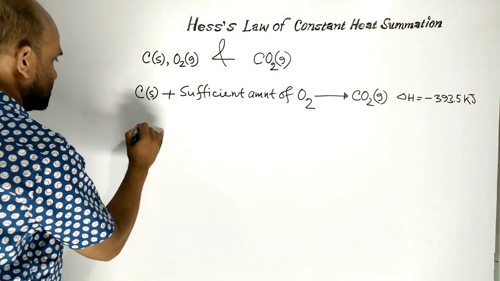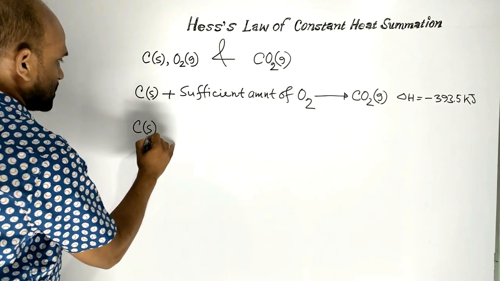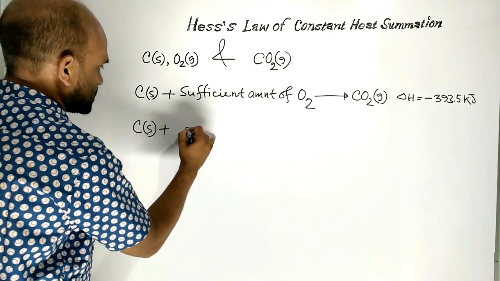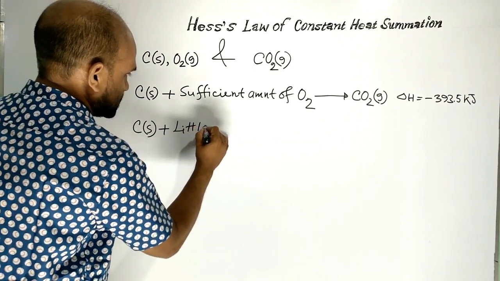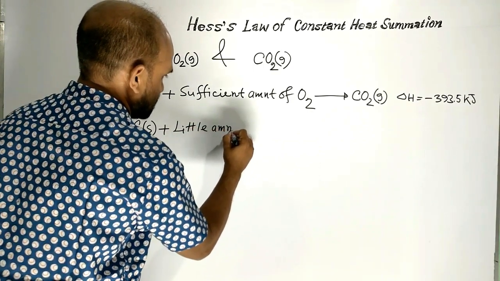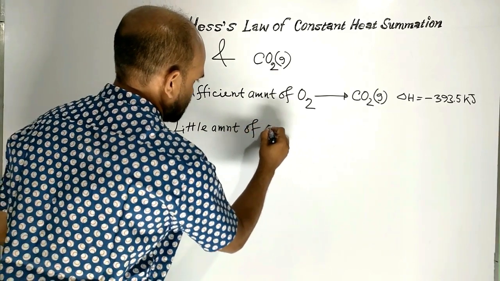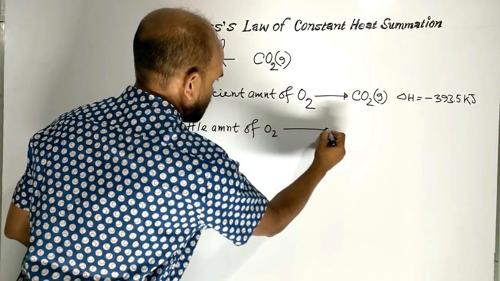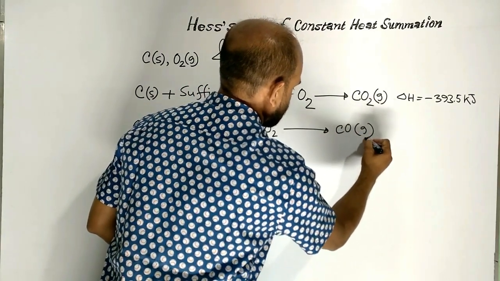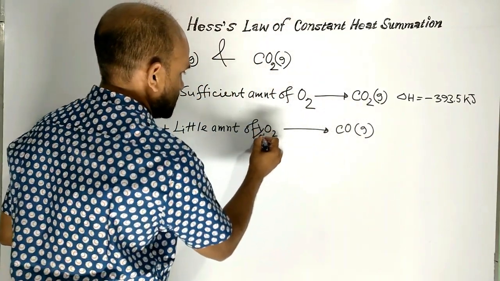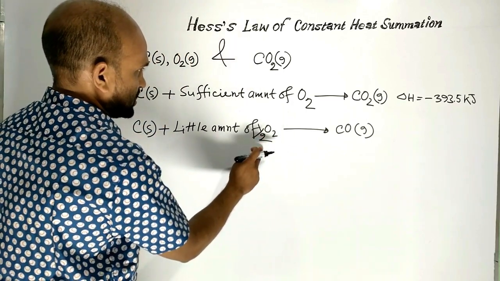Again, when carbon is burnt with oxygen, but here little amount of oxygen, then carbon monoxide gas is formed. Here half mole oxygen.